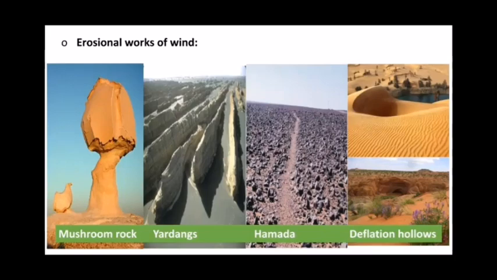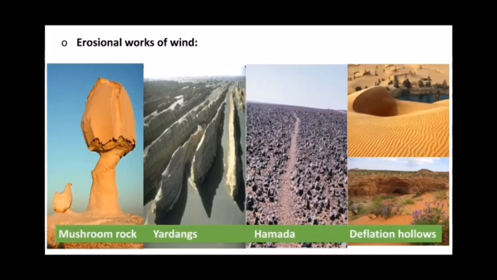So when it dashes against any kind of rocks coming in front of it, it erodes whatever comes in front of it. This leads to formation of certain types of landforms like mushroom rocks, deflation hollows, yardangs and hamada.